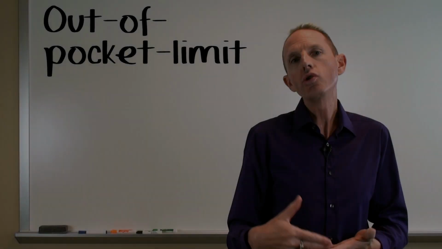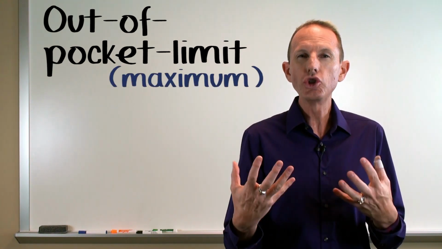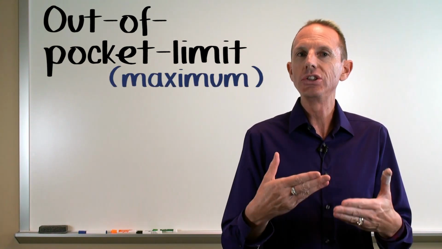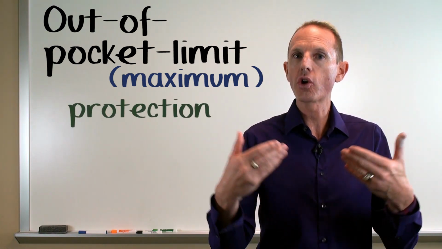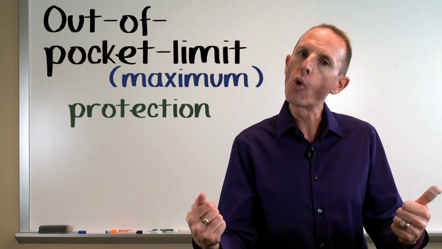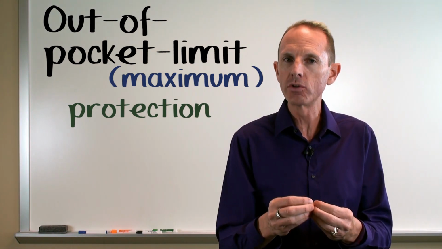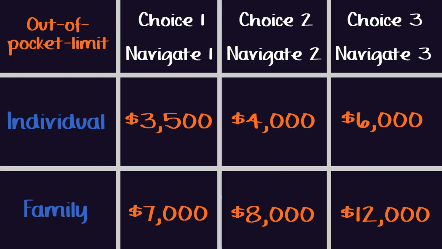Out-of-pocket limit. An out-of-pocket limit, or you may also hear it referred to as out-of-pocket maximum, is really just what it sounds like. It is your protection or your cap that you cannot go out of pocket more than a certain dollar amount. Now that dollar amount is going to differ depending on which plan you pick. Choice 1, 2, 3 and Navigate 1, 2, 3, they all have different out-of-pocket limits.